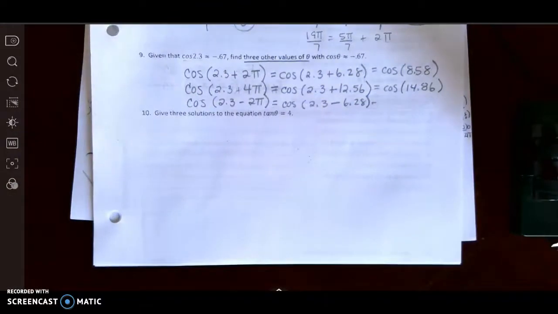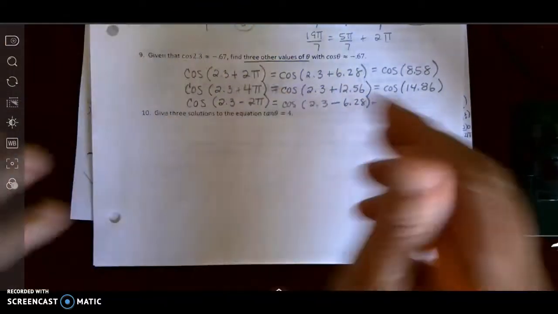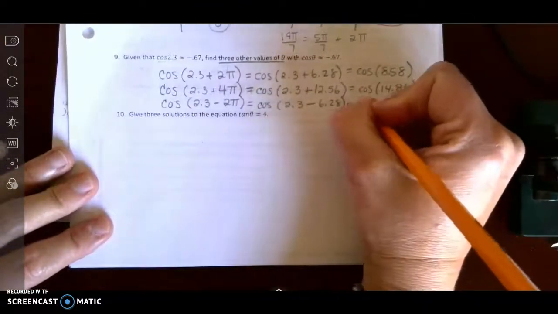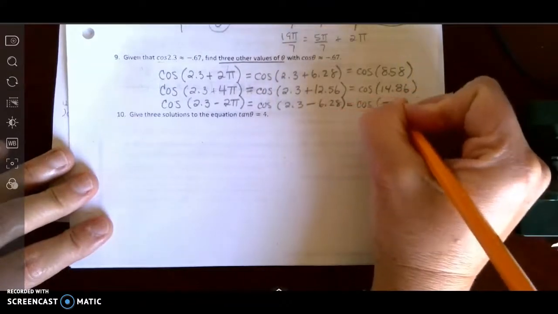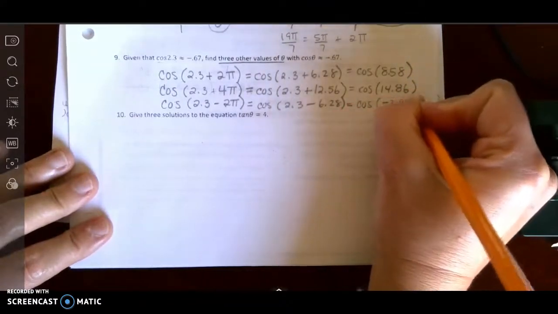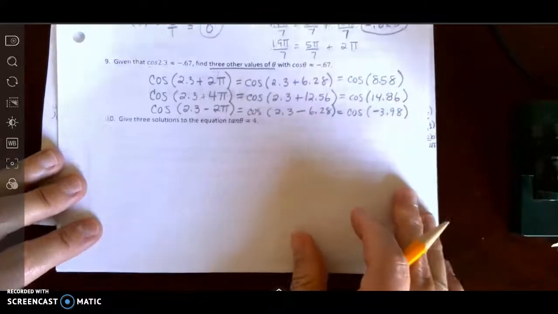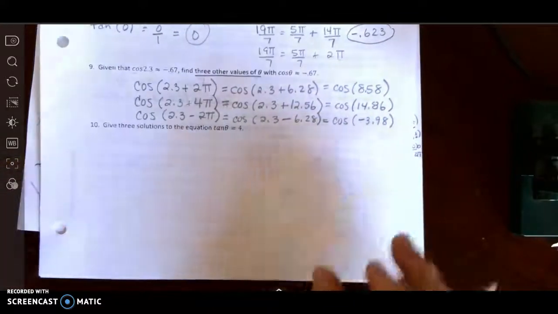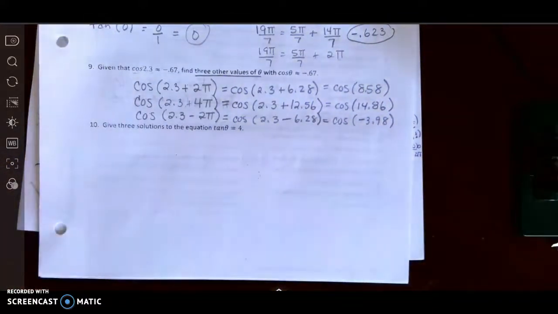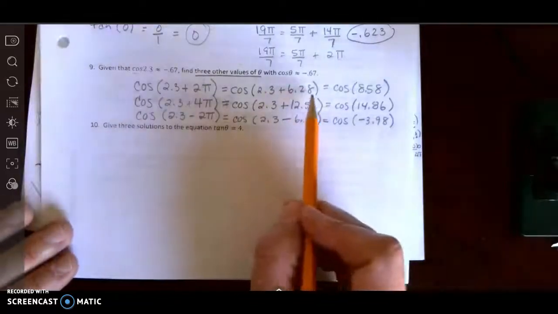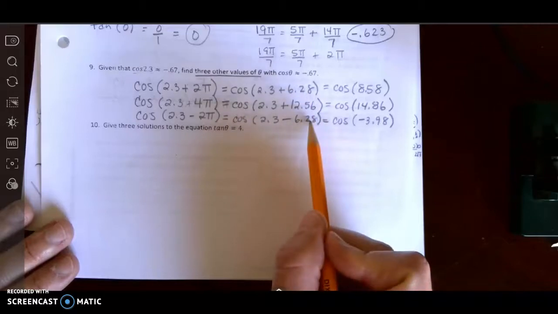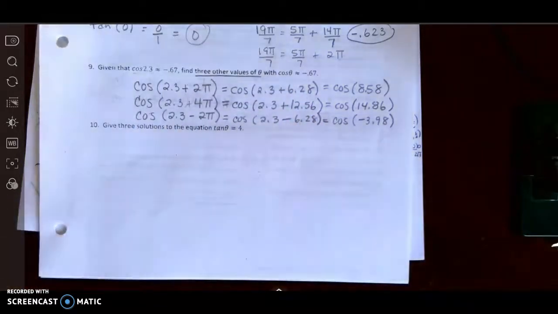And when I do that subtraction, I get the cosine of negative 3.98. All right, now each of these might not have a perfect cosine of negative 0.67 because, of course, we're using estimates here for 2 pi, 4 pi, and minus 2 pi. But I want to show you on the calculator how this actually works.